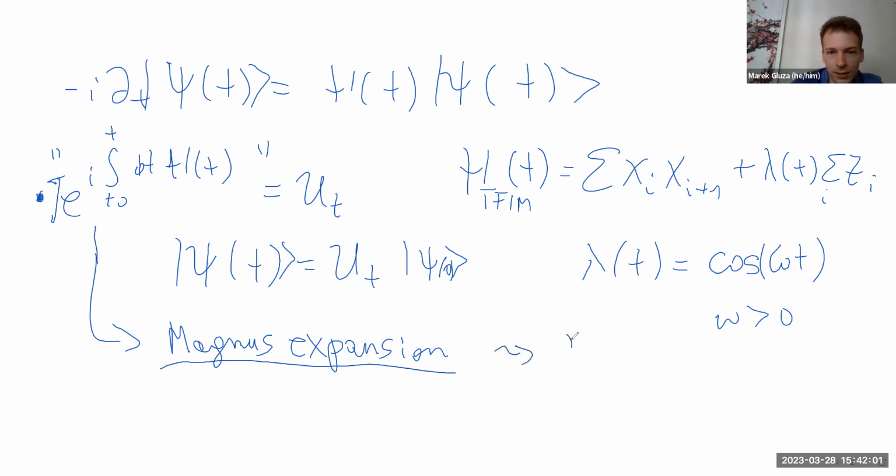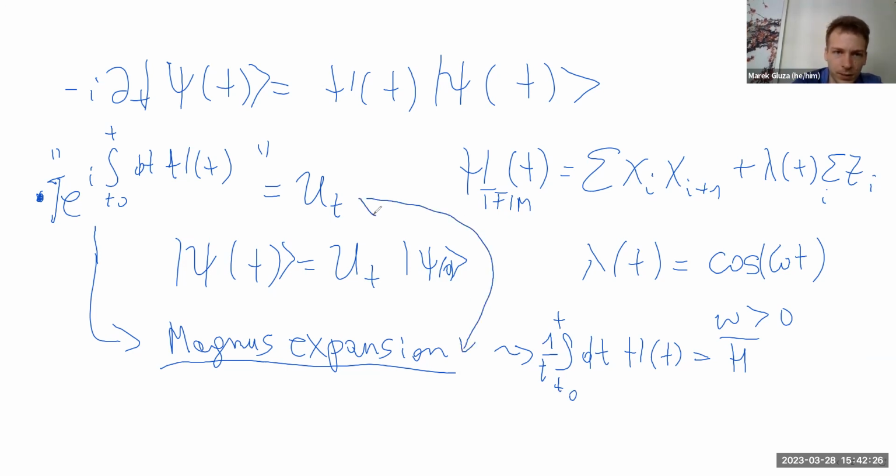Then actually the integral of dt H of t is meant as really an integral, and that would give you a time averaged, maybe 1/t, Hamiltonian. Objects like this actually play a role in the Magnus expansion, and then Magnus expansion actually gives you, in some cases, approximations to this full dynamics.